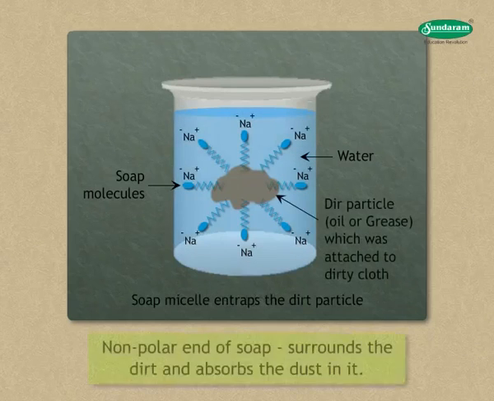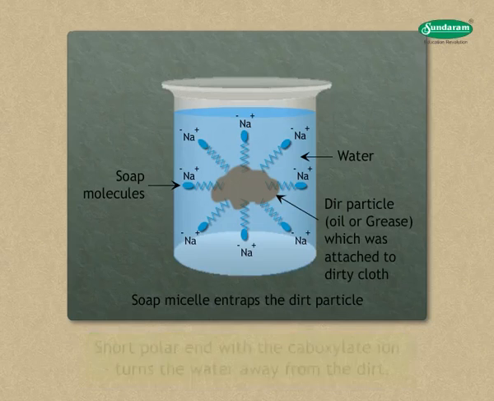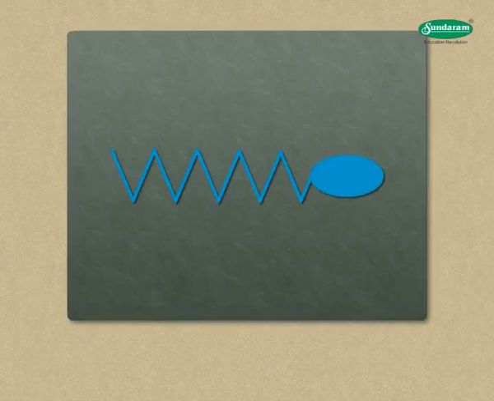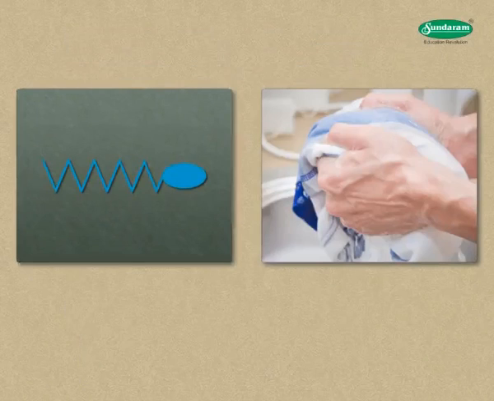The long, non-polar end of soap gravitates towards and surrounds the dirt and absorbs the dust in it. The short polar end with the carboxylate ion turns the water away from the dirt. The soap molecule thus helps in dissolving the dirt in water and we can wash our clothes clean.